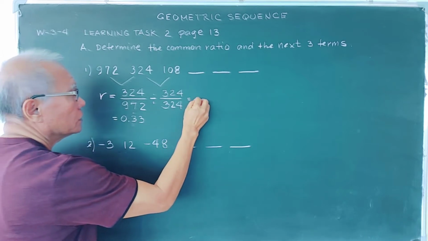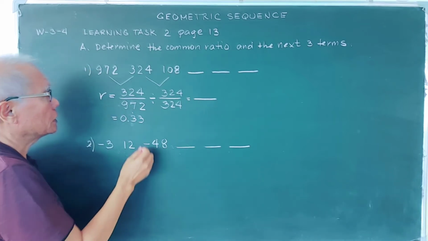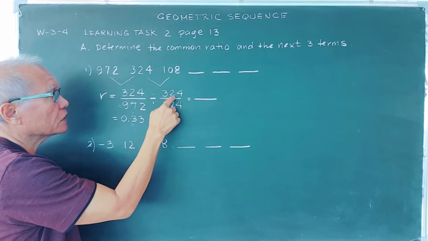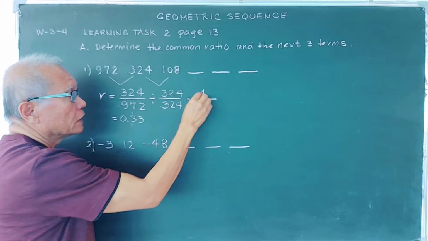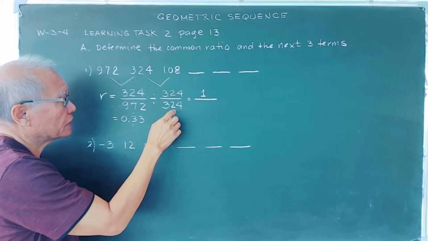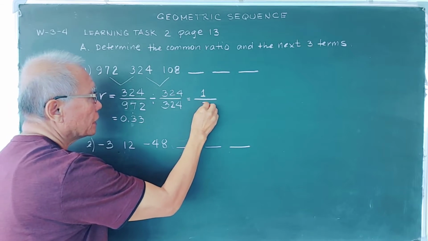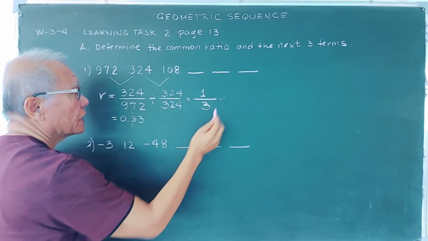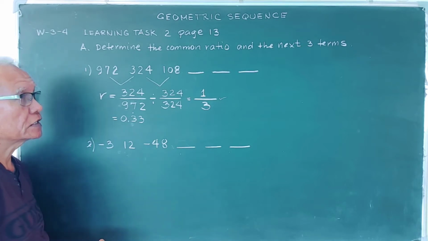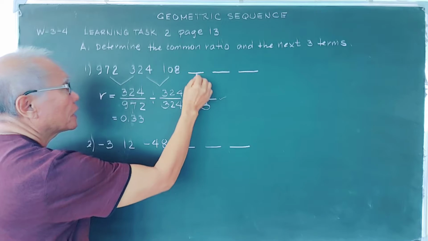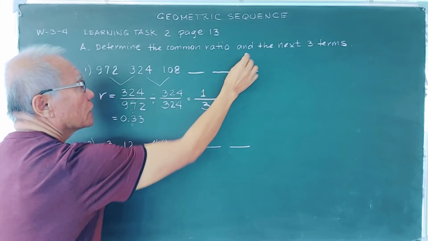So, we have 324 divided by 324 is 1. 972 divided by 324 is 3. So, ang ratio na gagamitin natin ay 1/3. Okay. Gagamitin natin ito para makuha ito, ito, at saka ito.